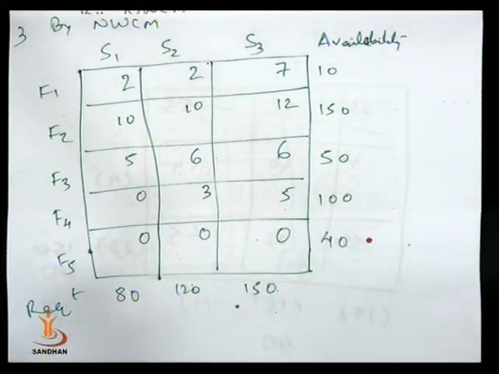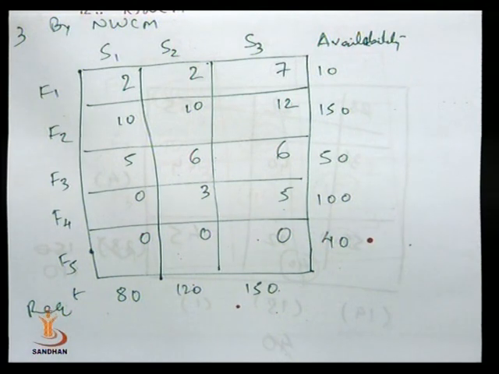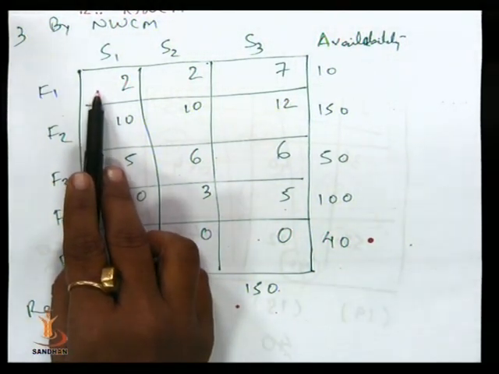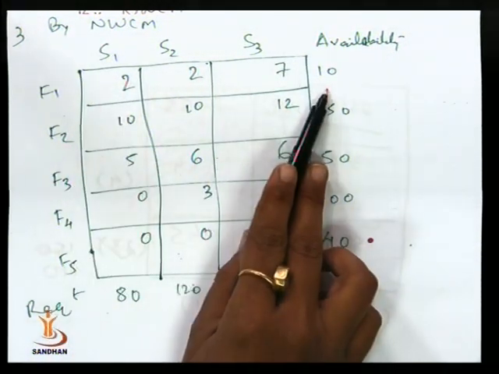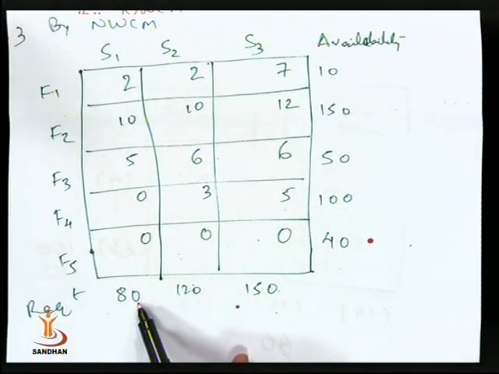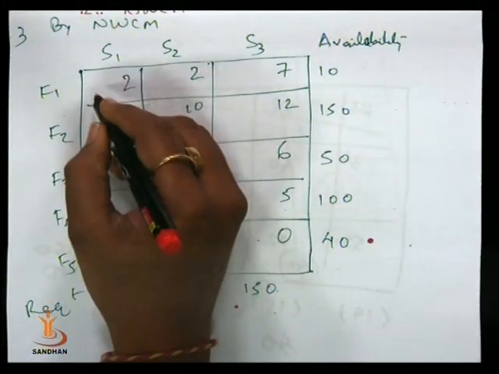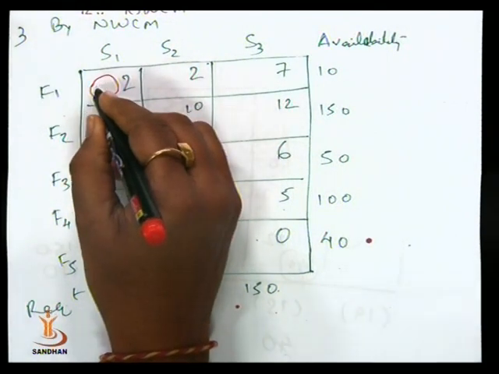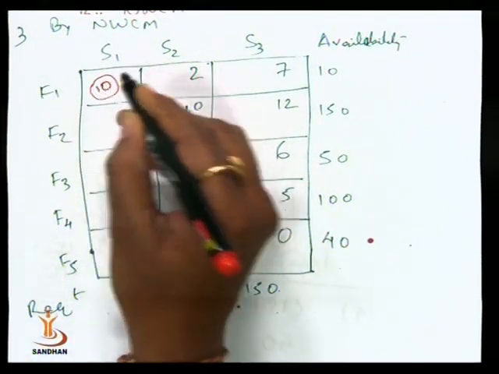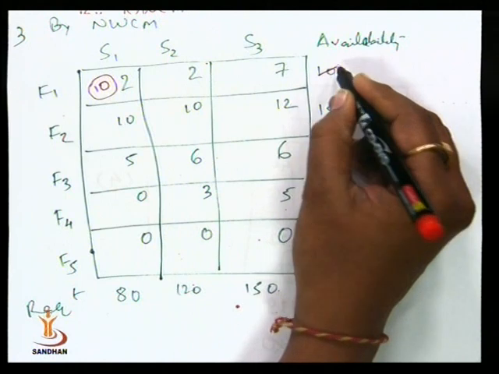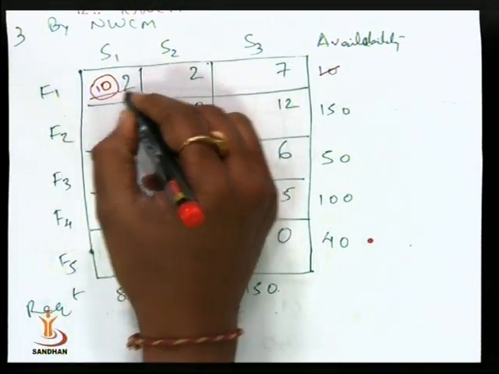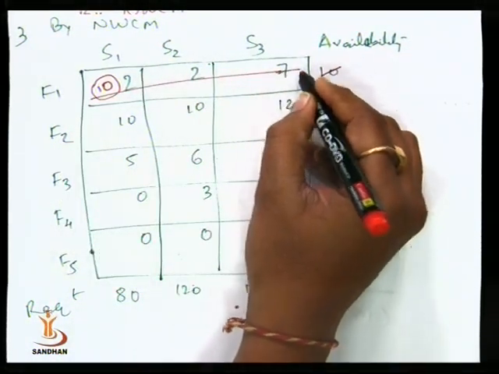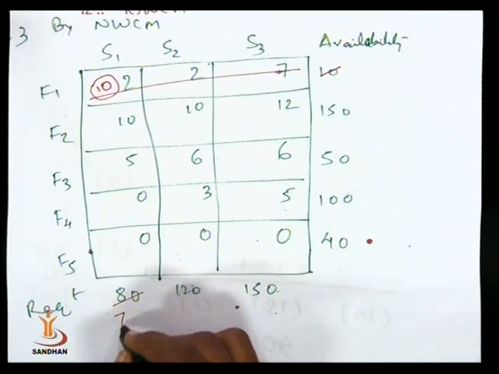And we solve by the northwest corner rule method. Our first northwest cell is F1 S1. There is an availability of 10 units while the requirement is 80 units. So we allocate the minimum of both, which is 10. So the availability of factory F1 is satisfied. We cancel the first row and there is a requirement of 70 units.